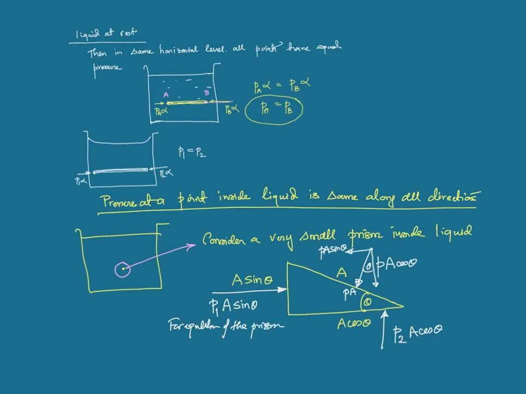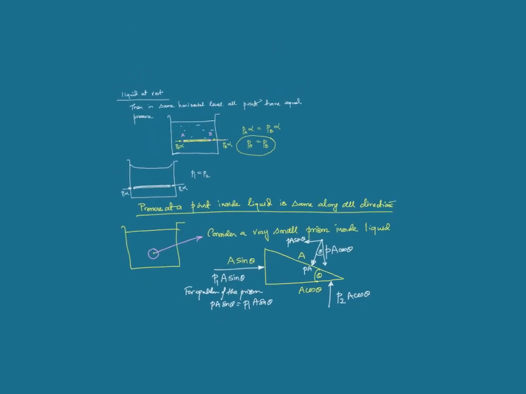for equilibrium of the prism, we can write PA sine theta equals P1 A sine theta, and PA cos theta equals P2 A cos theta. So from these two equations, what do you get? P is equal to P1 equal to P2.